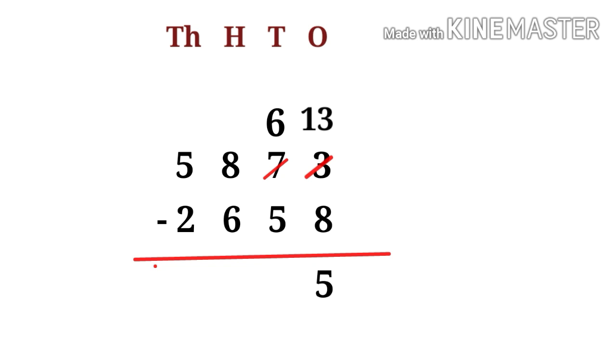Next, subtract tens place digits, that is 6 minus 5, that is equal to 1. Next, subtract 100 place digits, that is 8 minus 6 is equal to 2. At last, subtract thousands place digits, that is 5 minus 2 is equal to 3.